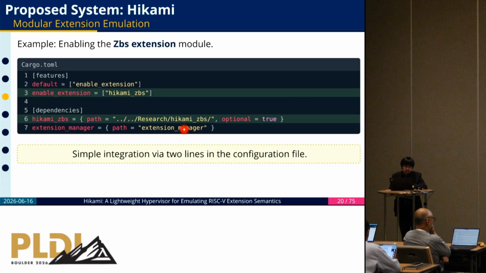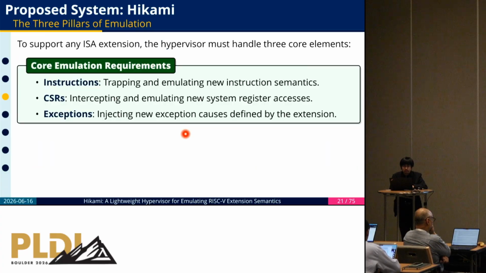It drastically reduces the setup cost. Supporting an extension requires handling 3 core elements: trapping new instructions, intercepting new CSR, or control and status register, accesses, and injecting new exception causes.